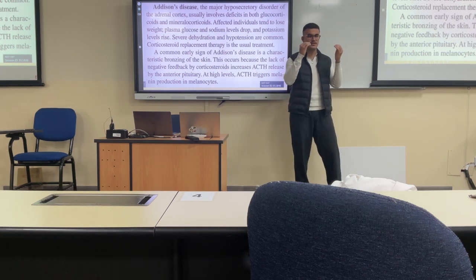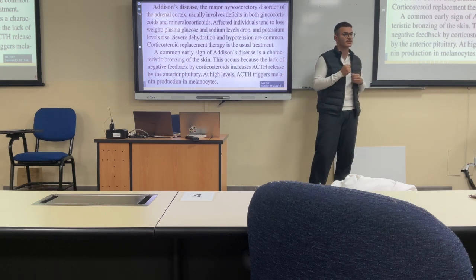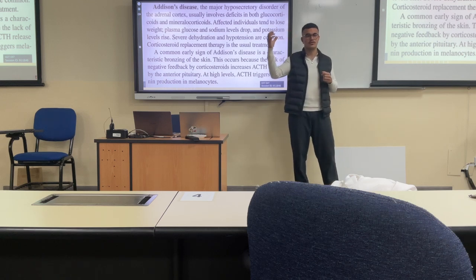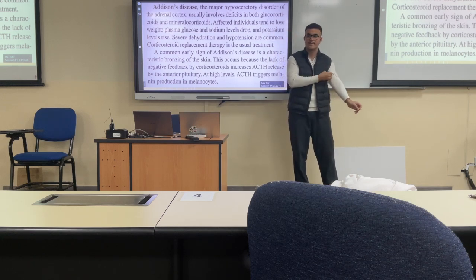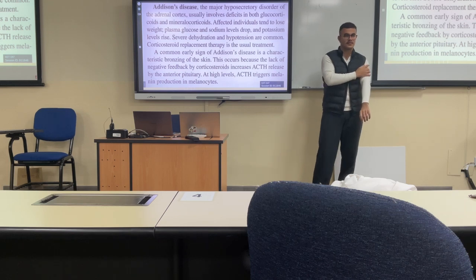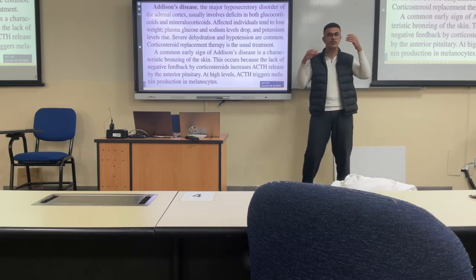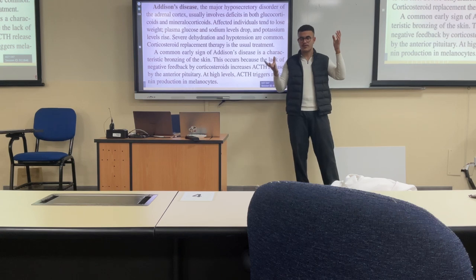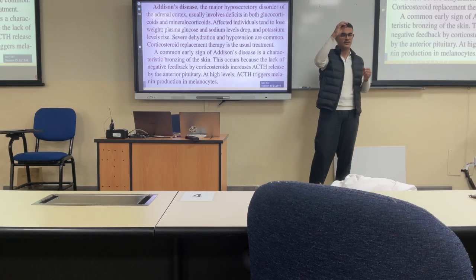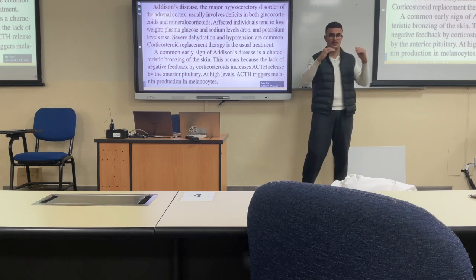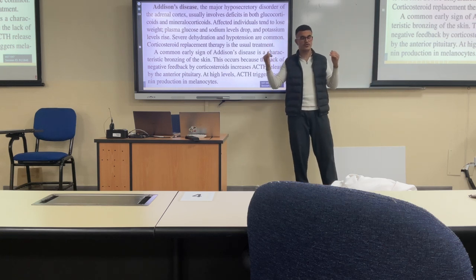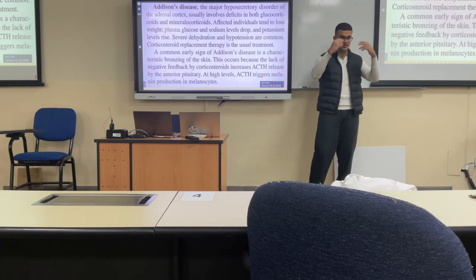Like, will the level of ACTH increase or decrease in the absence of cortisol? Increase. Why? Because it's not going to stop until the cortisol is elevated and acts back on the pituitary to stop it from secreting ACTH. In case of low cortisol levels, ACTH is going to keep being secreted, right?